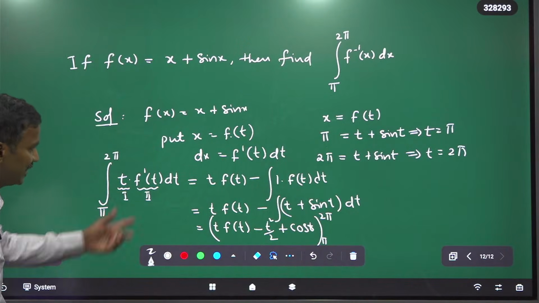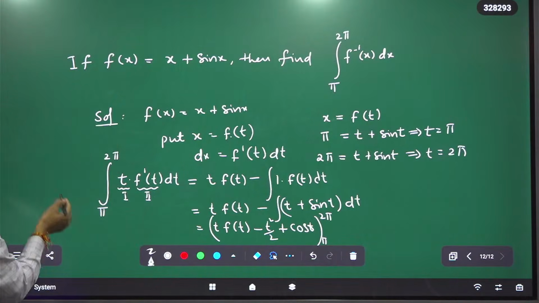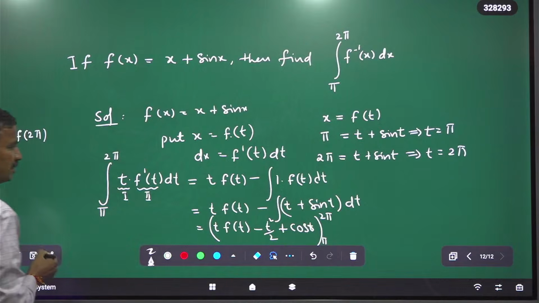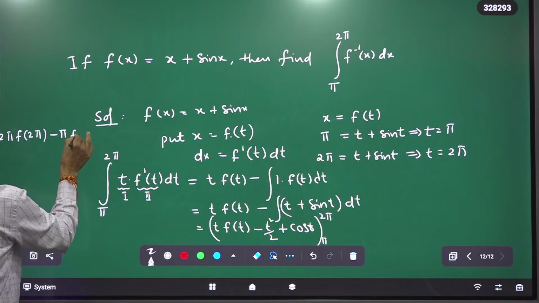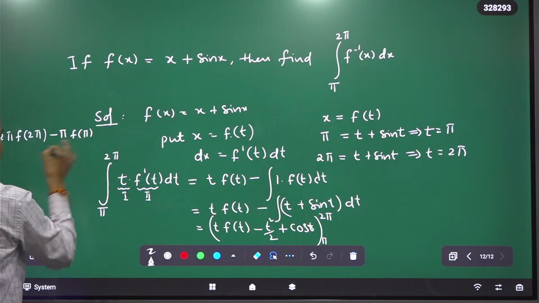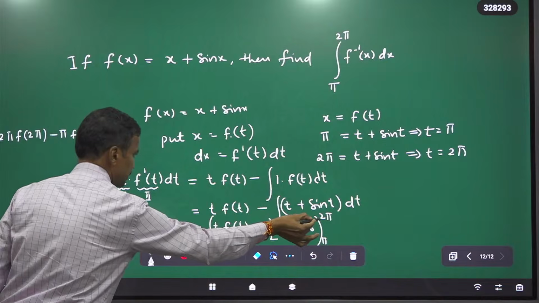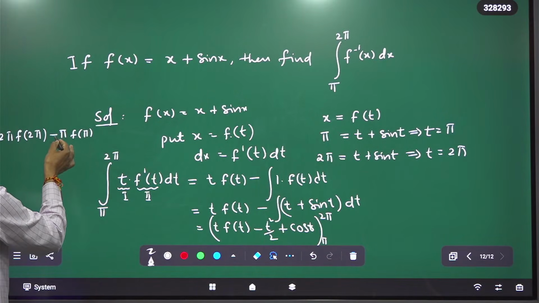Now by substituting the upper limit t is equal to 2 pi, we get 2 pi into f of 2 pi, minus pi into f of pi, by substituting the lower limit with the minus sign.